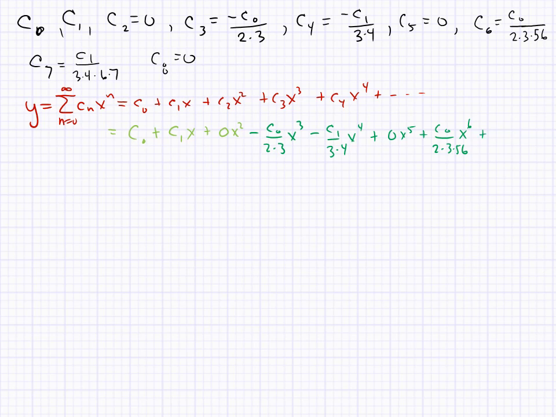And c sub 7 is positive c sub 1 over 3 times 4 times 6 times 7. And c sub 8 is 0, etc. It keeps going.